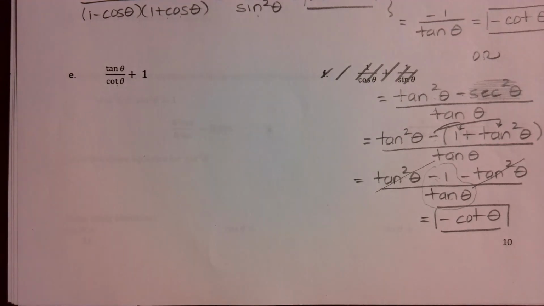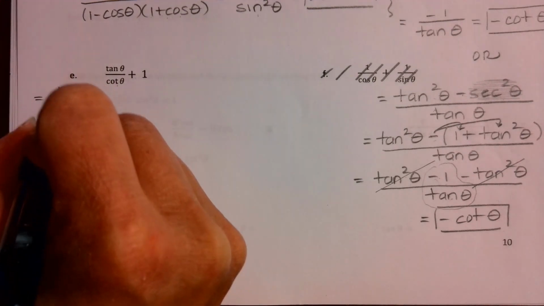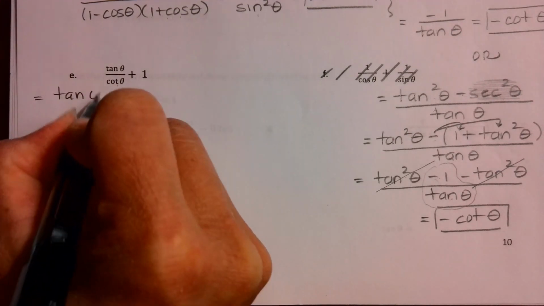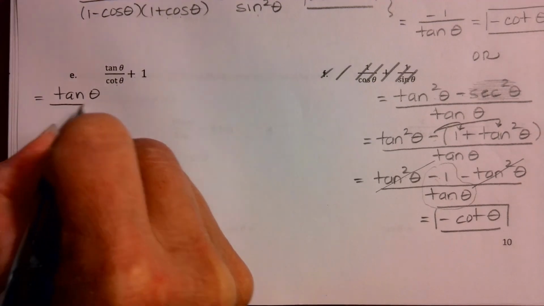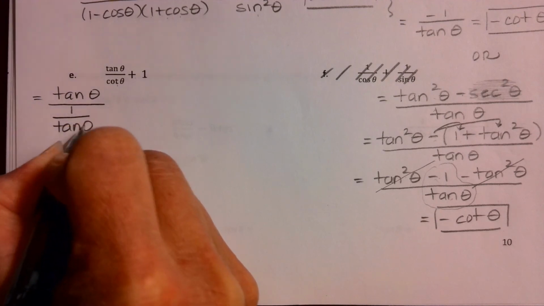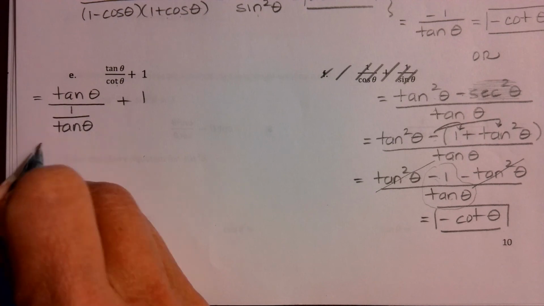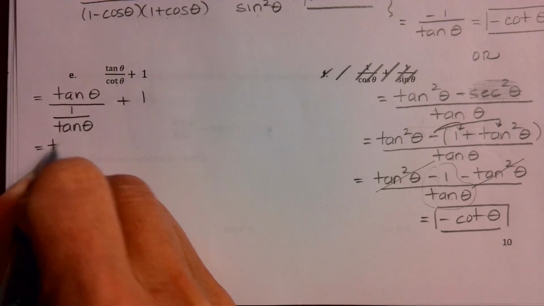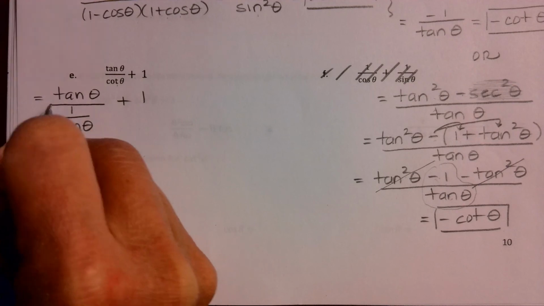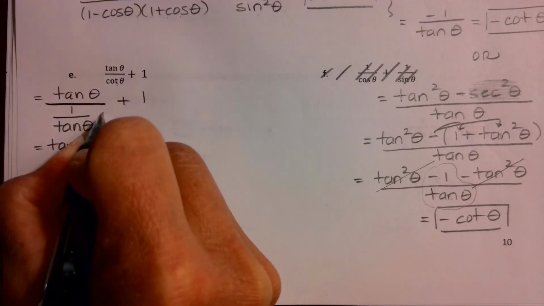Now, one way you can do it is you can break this up all into sine and cosine if you wanted to. Let's do this way first, and then I can show you another way. Let's leave tangent theta just as is, because I know I can rewrite cotangent theta as 1 over tangent theta. And in so doing, I know that I can multiply by the reciprocal. I keep the numerator, and I'm going to multiply by the reciprocal of this one.